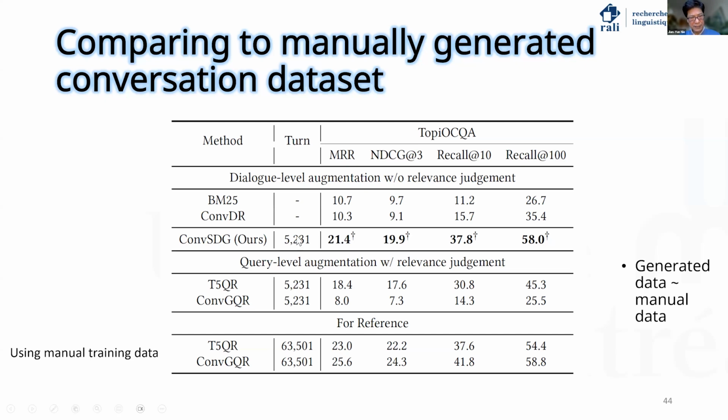And we can observe that with automatically generated turns, we can get quite close to the performance that we can get with the manual training data. And this just shows that it is possible that we can generate very usable training data that could match the manual training data. And this is what we expect with LLM.